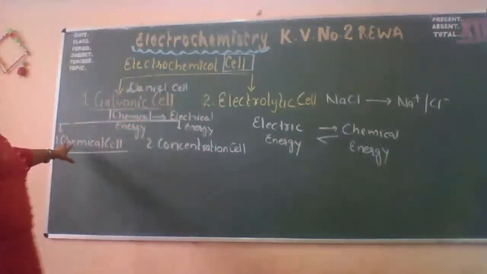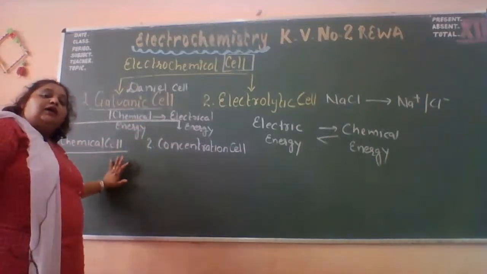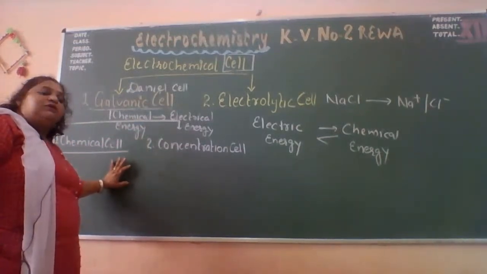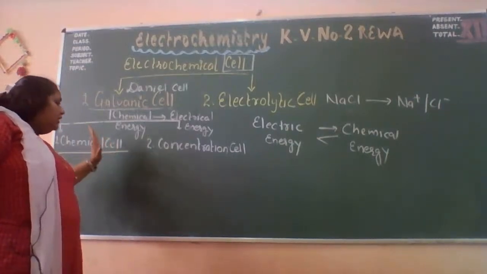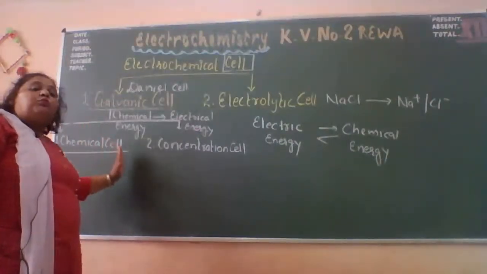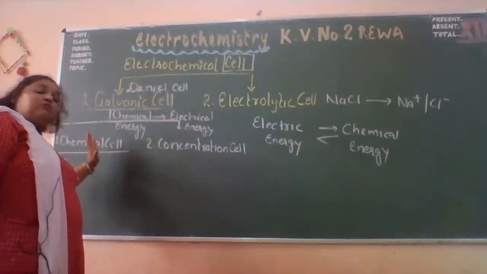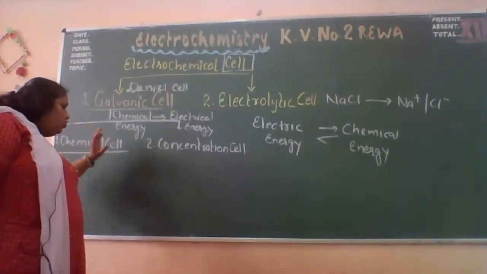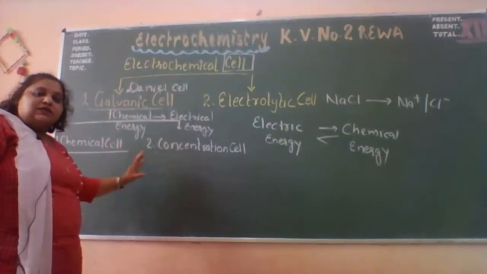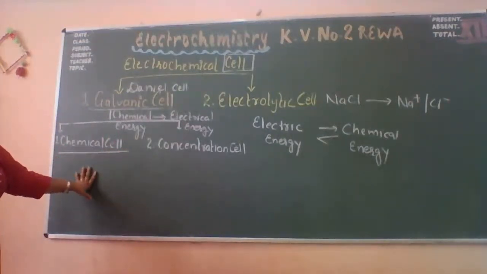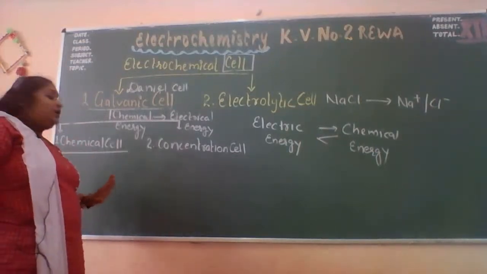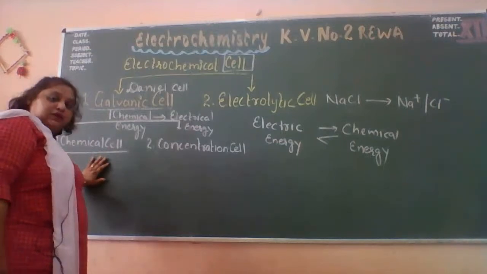Electrons move from one place to another, and because of that the electric current is produced, but the substance does not move. The concentration remains constant. There is no movement of mass, so whatever concentration you take in the beginning, the same will remain, right?